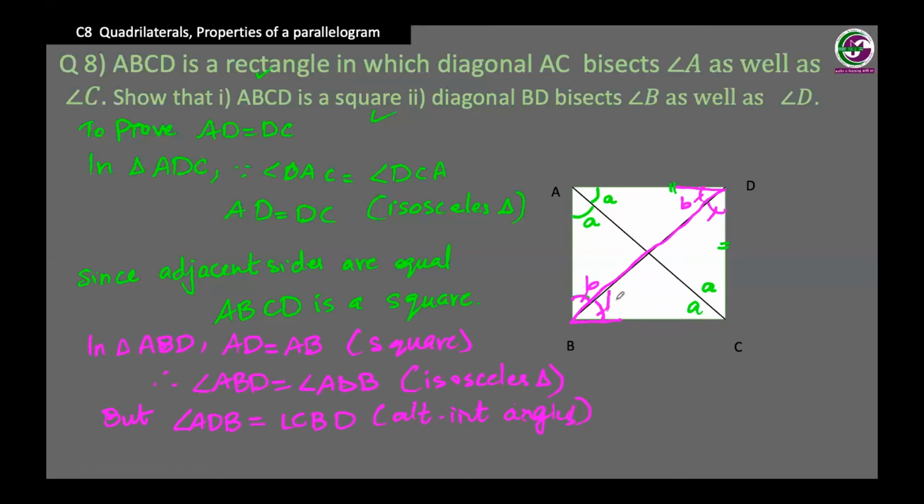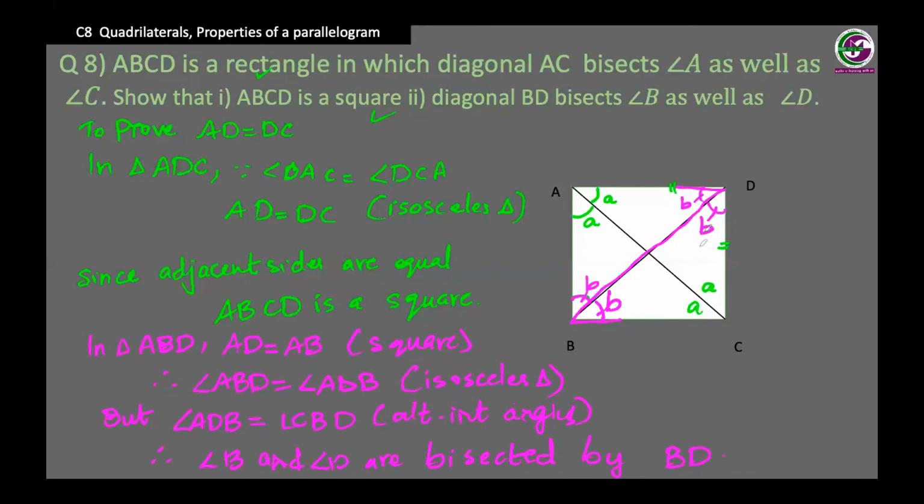So this is also B. Again, you know that AB is parallel to DC, so that's also B. Therefore, angle B and angle D are bisected by BD.